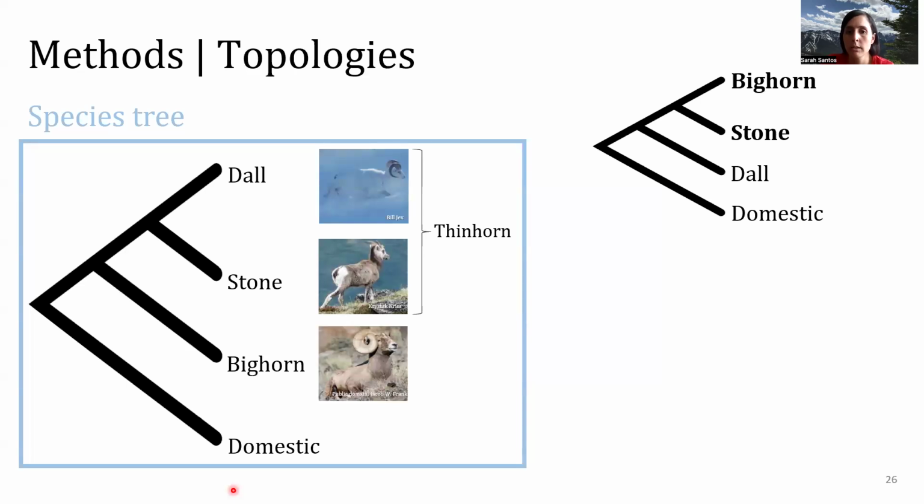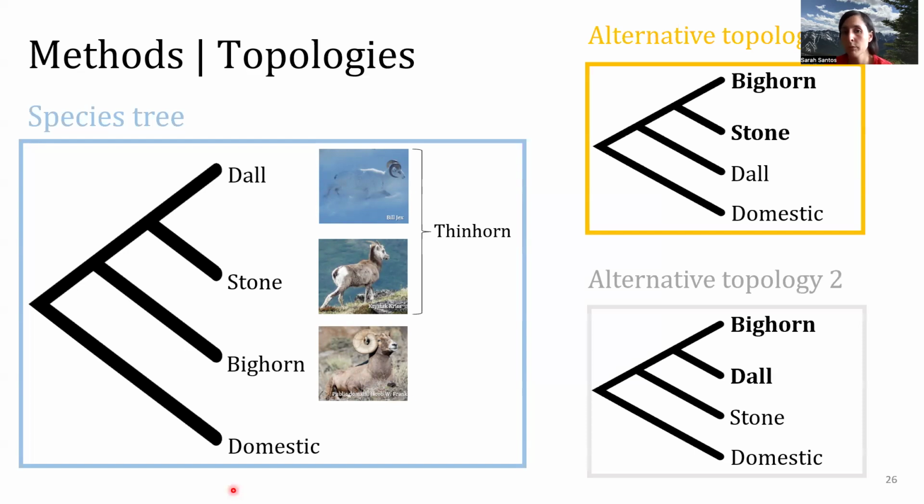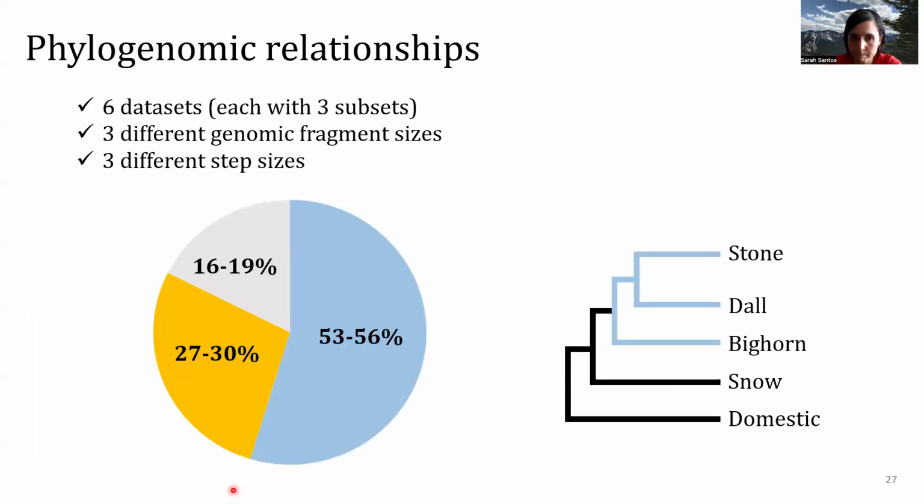But we also wanted to look for alternative topologies. So we wanted to look at the relationship between bighorn and Stone and bighorn and Dall. So alternative topology 1 and 2 compared to the species tree. We generated different datasets depending on the combinations of individuals.